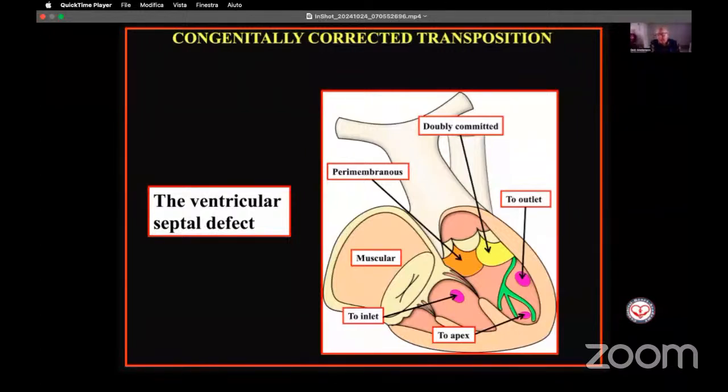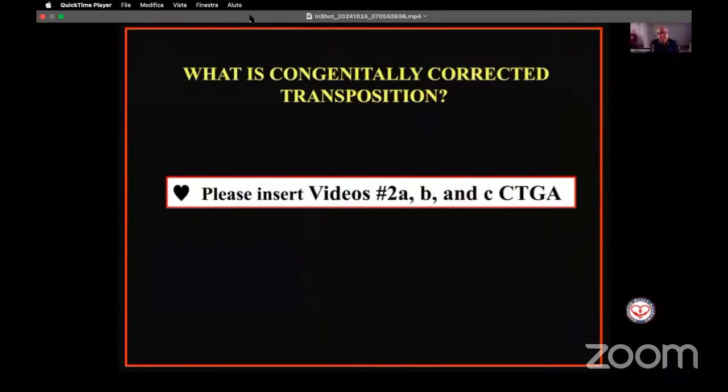So when we make these decisions, we should remember, as Lucille Houyel from Paris has emphasized, we should be looking at the defects from the morphologically right ventricle. And that is the point that Diane is going to emphasize when she shows you some hearts of congenitally corrected transposition with ventricular septal defects.